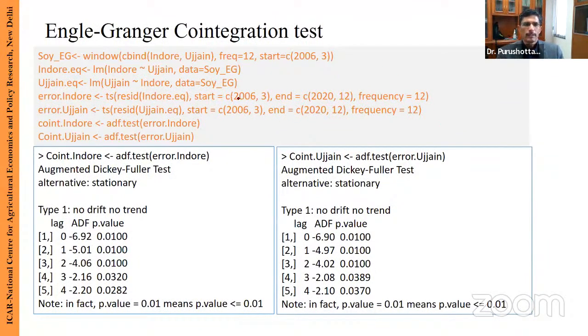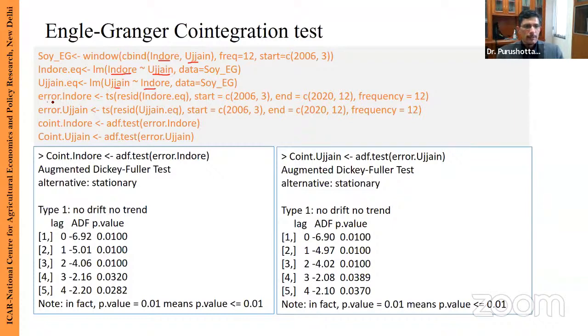Then Granger causality, Engle-Granger cointegration test, we will also see that for Indore and Ujjain markets. We will try to regress both ways, Indore on Ujjain, Ujjain on Indore. We will try to see what happens, whether Ujjain affects Indore, or Indore affects Ujjain. So we regressed Indore as a dependent variable and Ujjain as an independent variable.